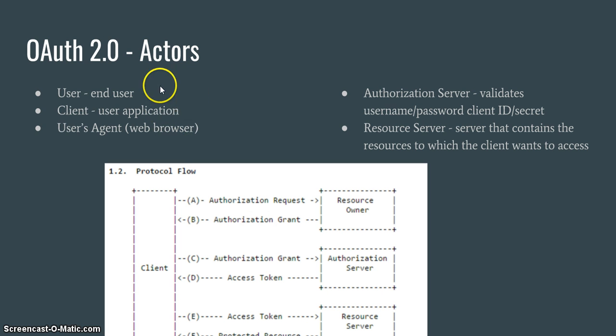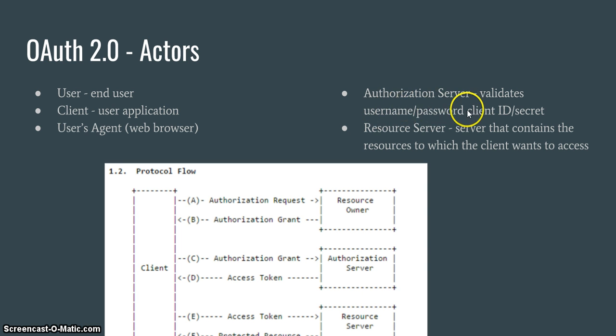There are a couple of actors that you should be aware of. You have the end user, then you have the client application, so the end user is consuming the client application or using it, and then the user's agent is the web browser. So in a mobile app, the user agent within the mobile app, and then you have the authorization server, which validates the client ID and the secret, or the username and password.